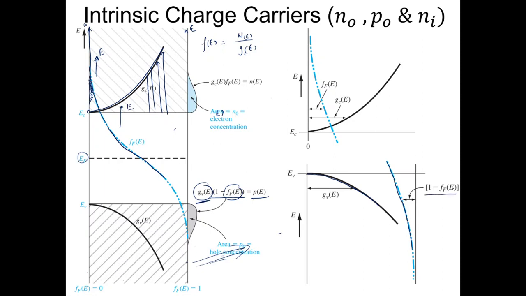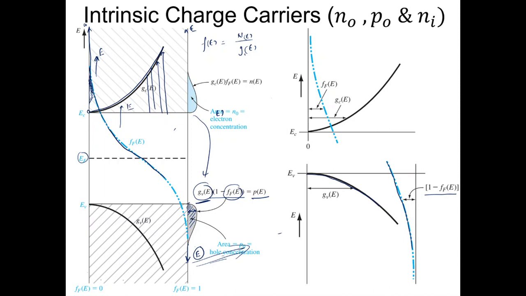If you take a product, you again get a very similar function as we have seen before for electrons. However, in this case the hole concentration would first increase as you go below in the energy level, below the valence band, and you find a point where you have a peak.